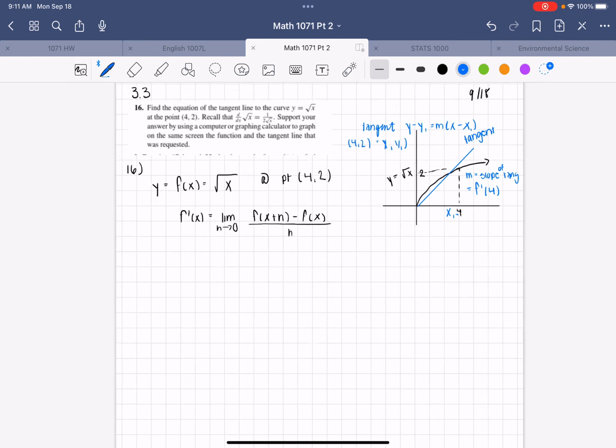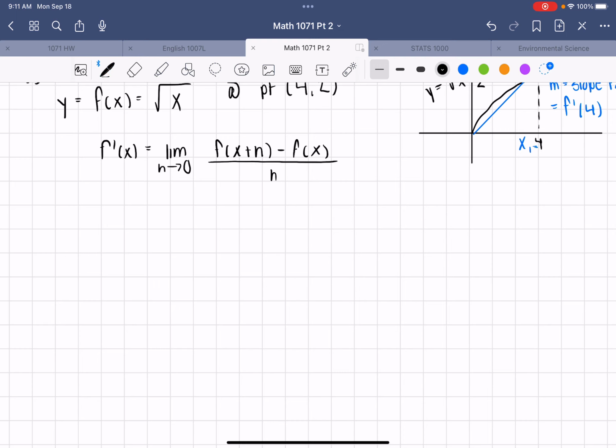So what you're doing here in blue, that step is the square root of x plus h.